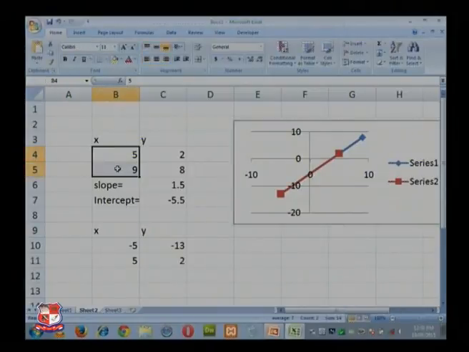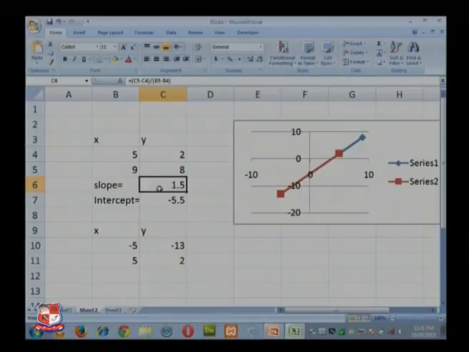I have given the points 5 and 2 and 9 and 8, and I have asked you to draw a line. I have drawn it in blue color, this line is appearing here, and then I have calculated the slope. We know that y2 minus y1 divided by x2 minus x1 is the slope, and I have done it, and its value is 1.5.